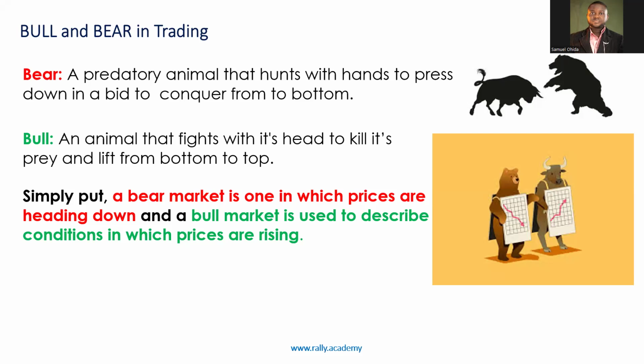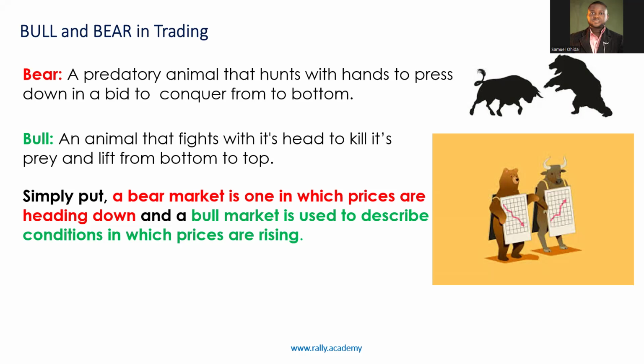A bearish market is a market where prices are coming down, while a bullish market is a market where prices are rising. When you say a bullish market, it is a market where you expect price to rise. Like what happens when there is rumor of scarcity in fuel and people rush to go and buy fuel, and that increases the price of fuel. That is a bullish market.